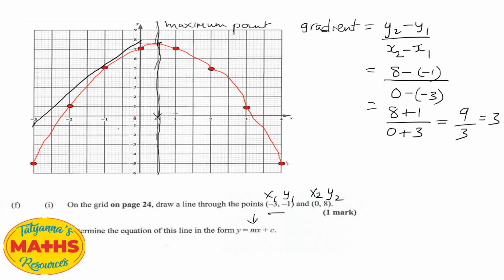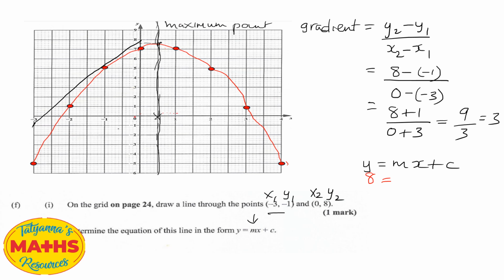So we're going to substitute that into y equals mx plus c. We're going to use the coordinates here. One of these sets of coordinates, it doesn't matter, any can be used. So I'm going to use the 0 and the 8. 0, 8. So y would be 8.